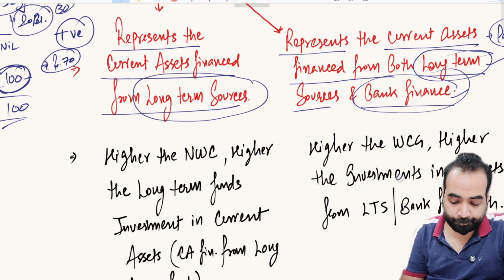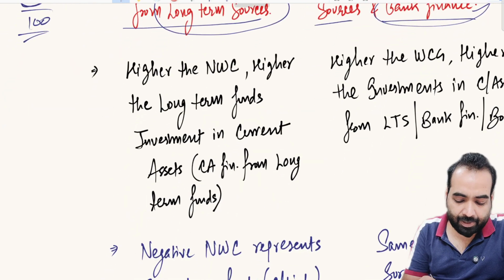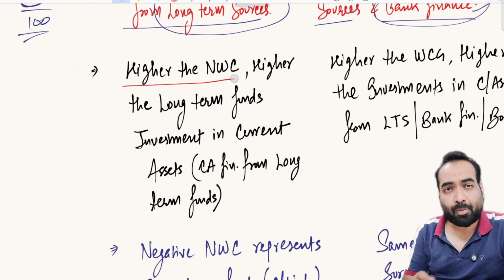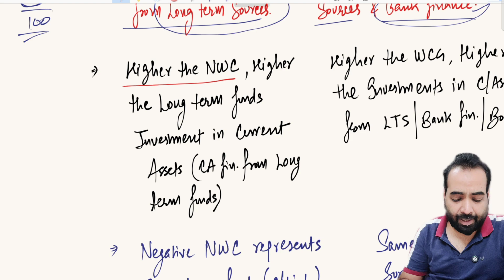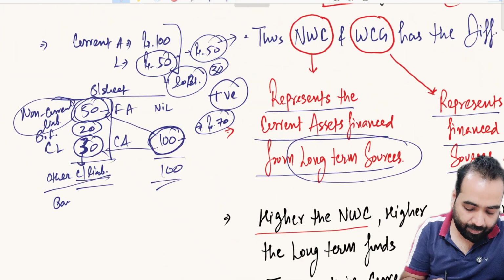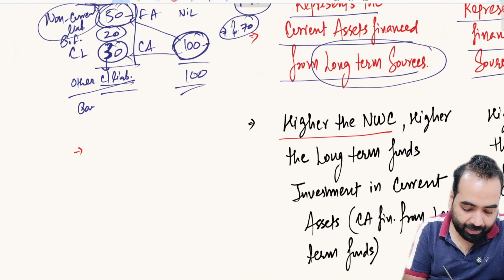So another difference here is the higher the NWC. If I write it again, if current assets are rupees 100, current liabilities are rupees 50, NWC is 50, right?